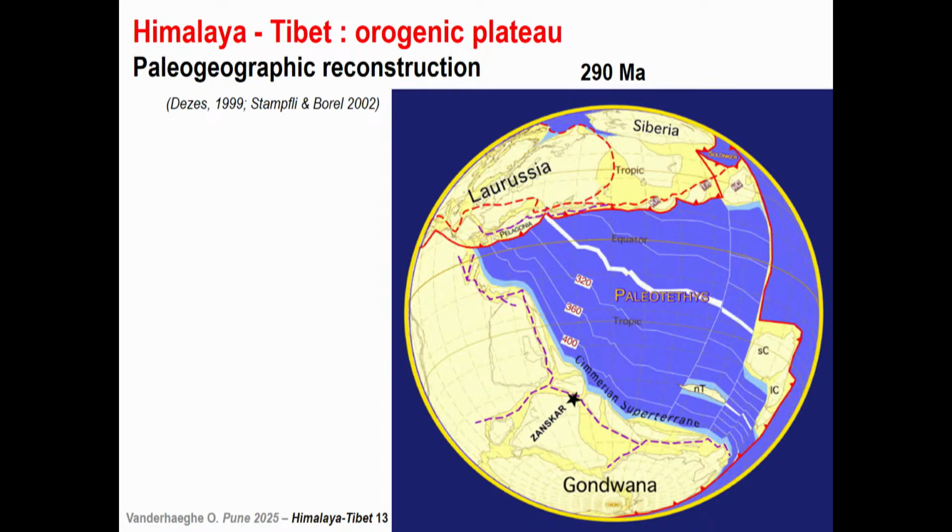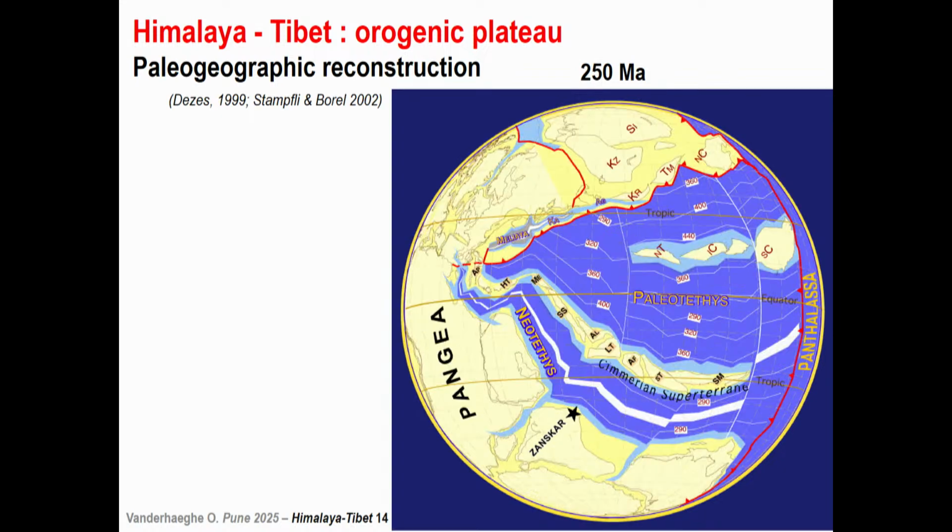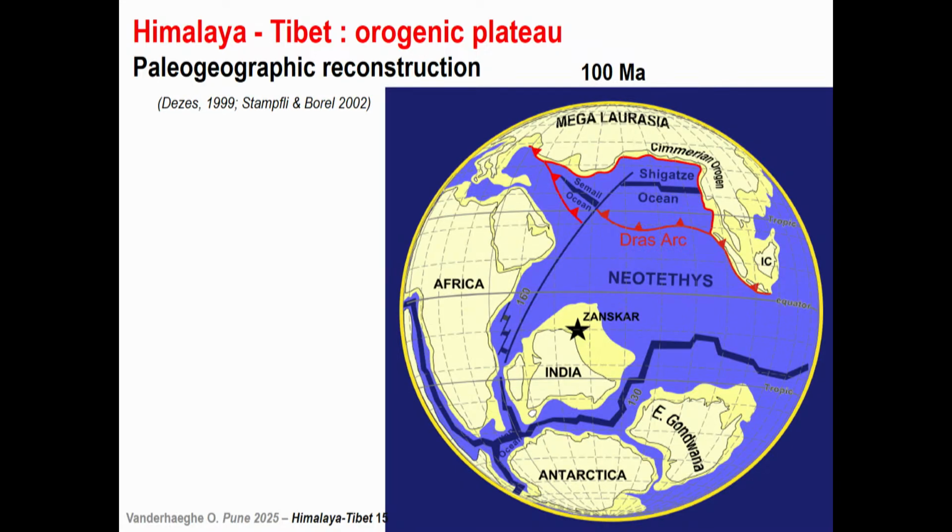That's the South China Craton and the Indonesian Craton. So terranes start to separate from Pangaea with the subduction of Paleotethys, opening Neotethys. Boom, that's it. It's been accreted. And then India is separated from Africa.